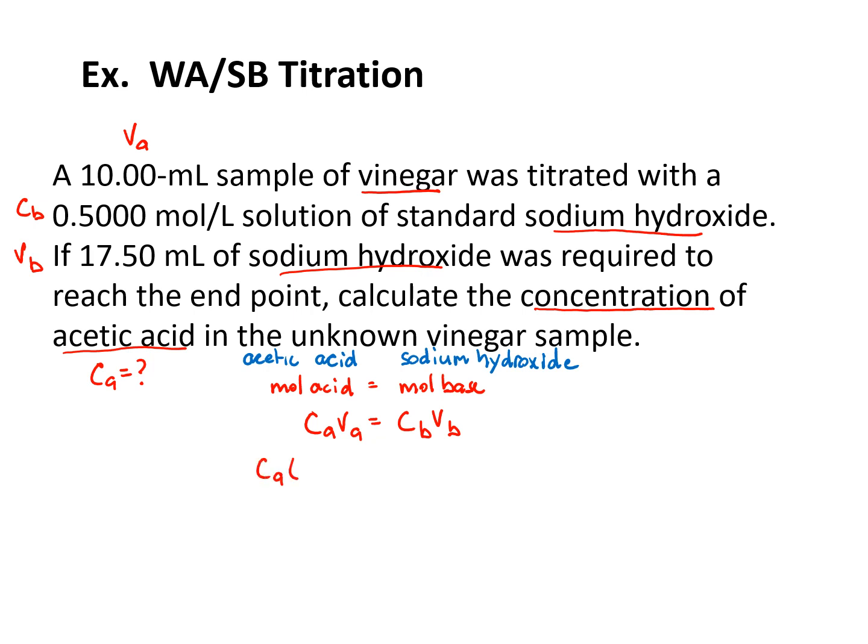We're given the volume of acid, which is 10 milliliters, and we're given the concentration of our strong base, which is 0.5 moles per liter, and we're given the volume of sodium hydroxide, which was 17.50 milliliters. So rearranging, we simply divide both sides of our equation by 10 milliliters, and that isolates our concentration of acid.